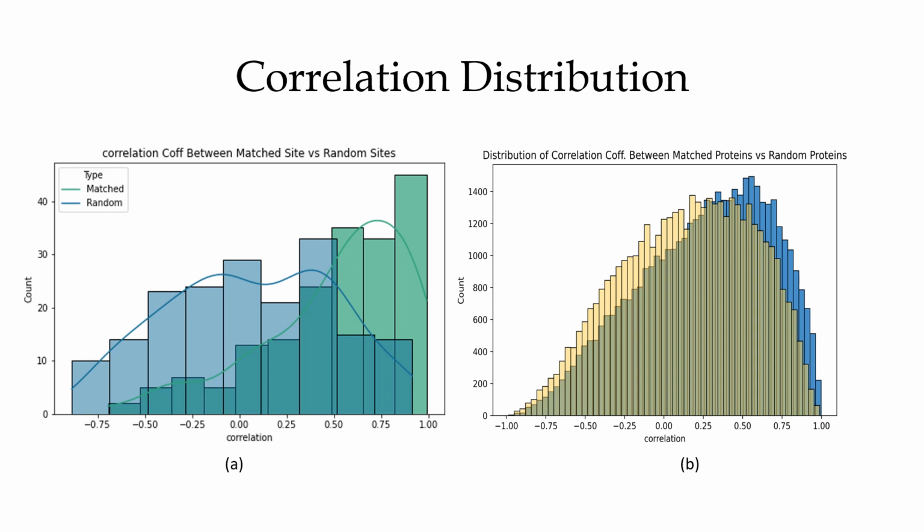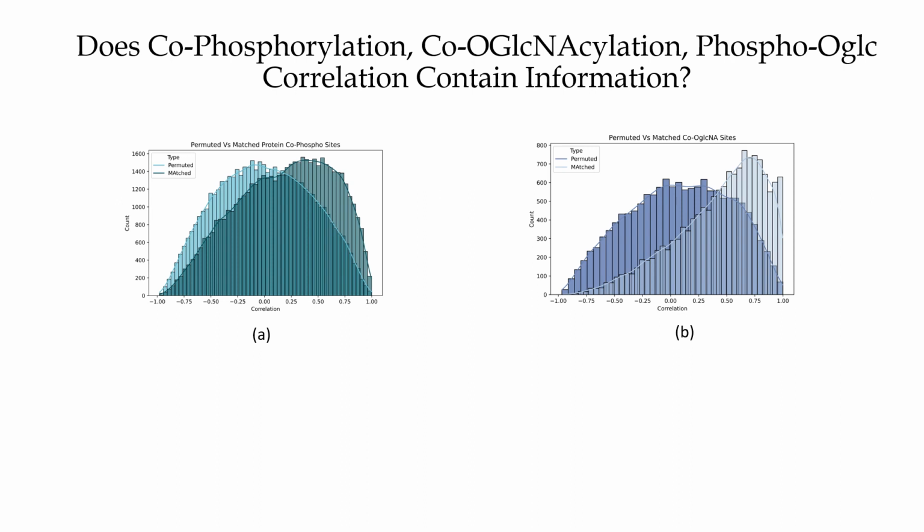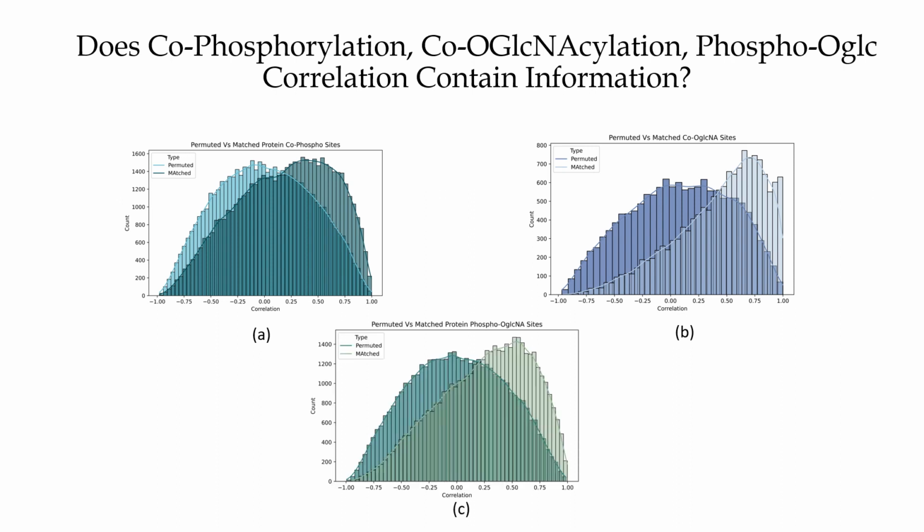The matched protein pairs have a positive correlation in co-phosphorylation, co-O-GlcNAcylation, and phospho-O-GlcNAcylation correlation compared to their permuted ones.